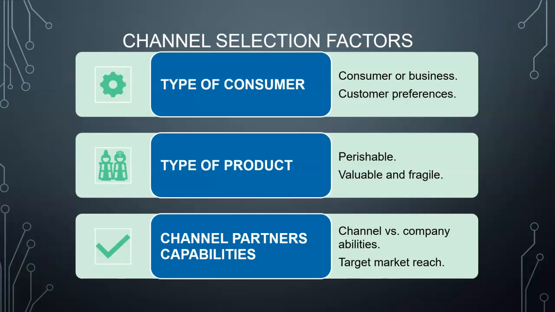Is it food product, perishable, valuable and fragile? Then we have to think what are our channel partner capabilities? Who's the channel versus the company's abilities? And then who's the target market that we are trying to reach? So these are very important questions to ask yourself before you choose your marketing channel.